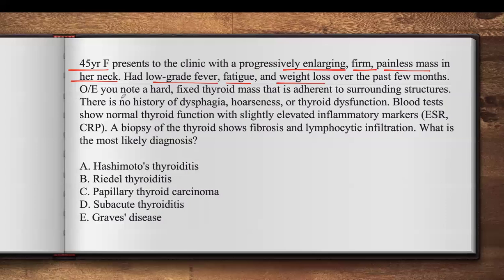On examination, you note a hard, fixed thyroid mass that is adherent to surrounding structures. There is no history of dysphagia, hoarseness, or thyroid dysfunction. Blood tests show normal thyroid function with slightly elevated ESR and CRP. A biopsy of the thyroid shows fibrosis and lymphocytic infiltration. What is the most likely diagnosis?